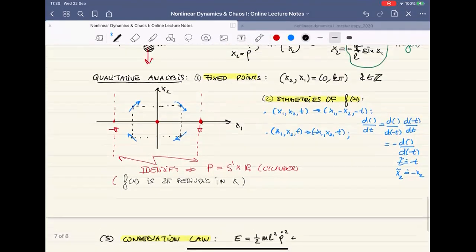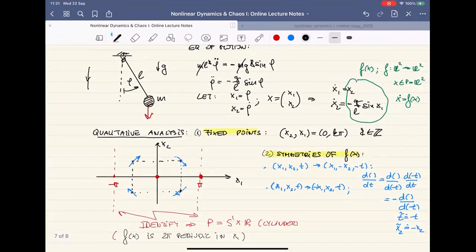Plus, I need the potential energy. If you go back here, look at what I can measure the potential energy with respect to, say, this rest position here. I mean, I can pick whatever reference point I want for the potential energy because it's all about how much it changes. And for this particular phi position, this length, if you work it out, I have mg times L times 1 minus cosine phi.